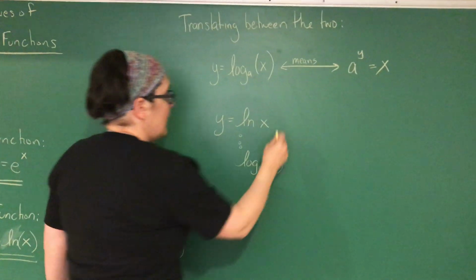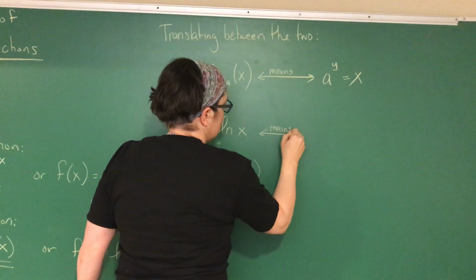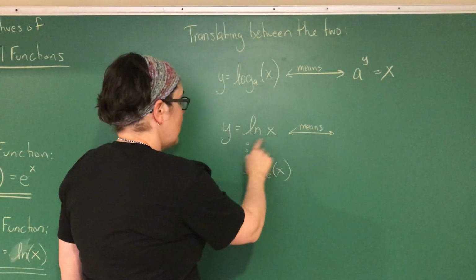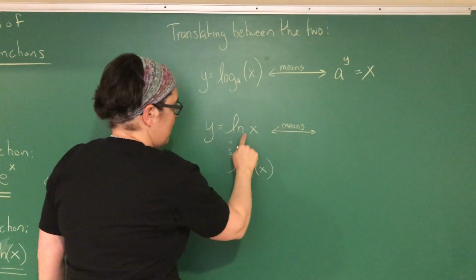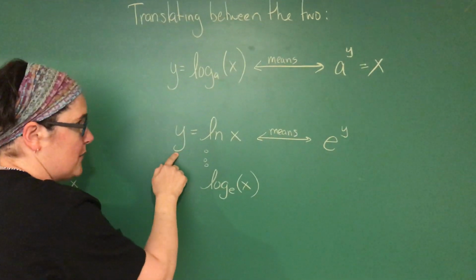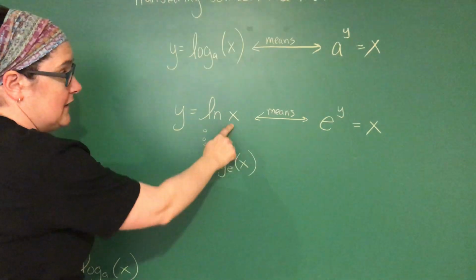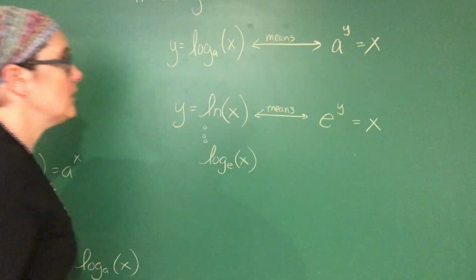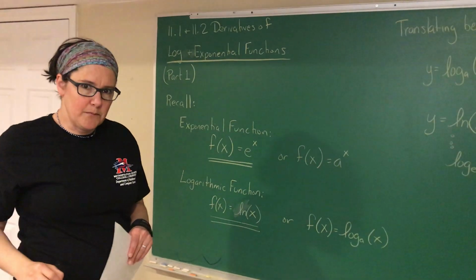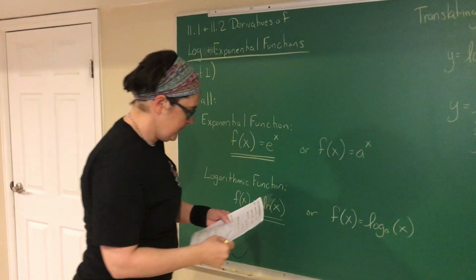And so when I write y equals natural log of x and I want to translate that into an equation that has an exponential in it, then what I write is, I have my base, which is e, raised to the y, that's the letter by itself, equals x, which is the thing inside the parentheses. Okay, so that might look familiar. If it doesn't look super familiar to you, that's okay. We're not going to really see that too much.